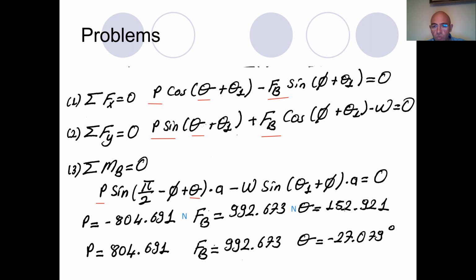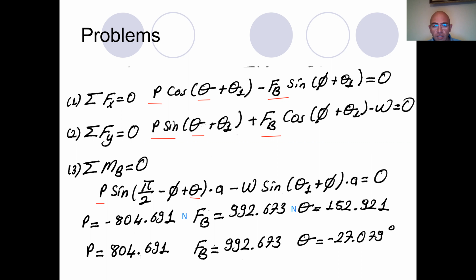And theta will be 152.921 degrees. Of course, this solution is not acceptable, because these two solutions are identical, but the point is how you apply the force. So basically, in the first one, you are pushing the roller, and certainly our solution is the second one.